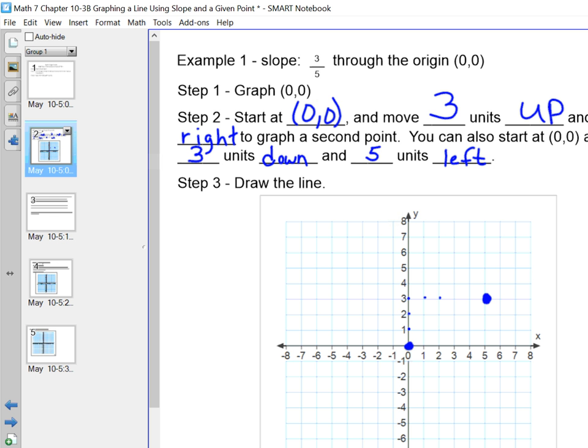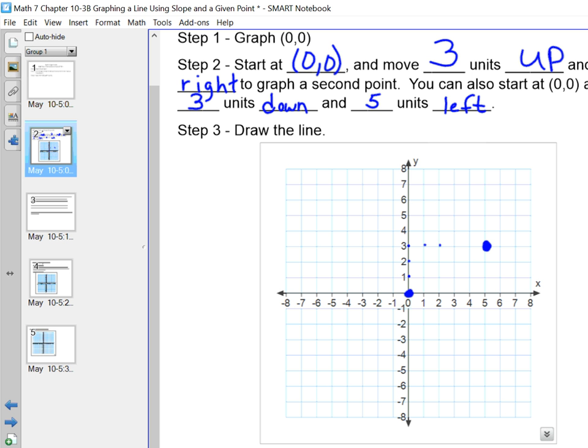So if we're going to go 3 units down and 5 units left, we're going to have a negative over a negative move, which then means we have a positive slope, because a negative number divided by a negative number does give us a positive 3/5 in this case. So we're going to again start at the 0, 0. We're going to go 1, 2, 3 units down, 1, 2, 3, 4, 5 units to our left.